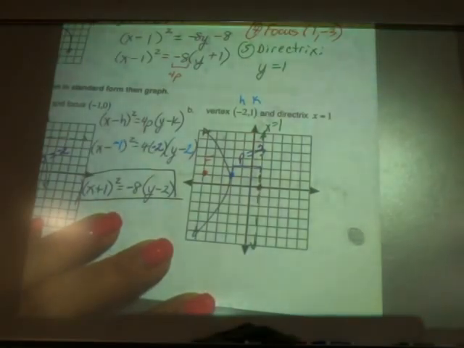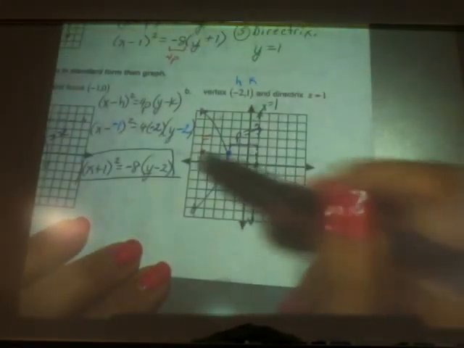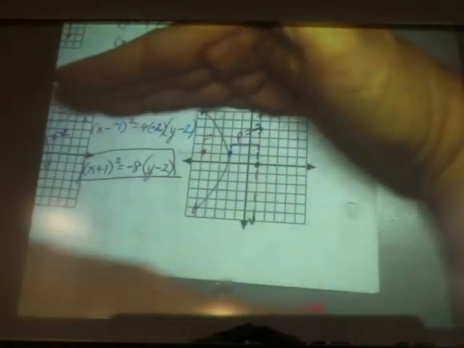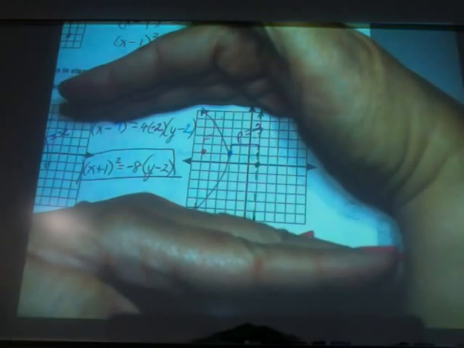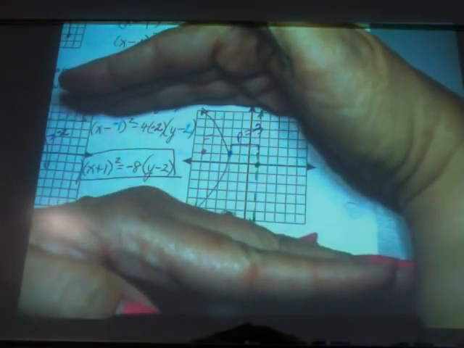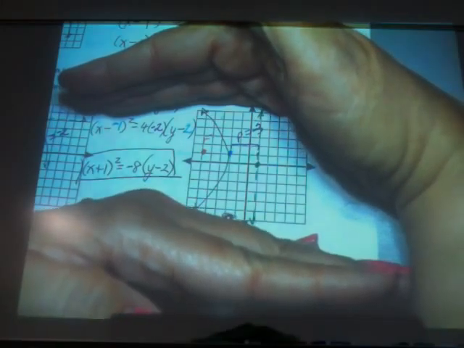So here's my general equation. I'm going to write it down here because I don't have a whole lot of room. So because I'm opening right or left, you want to put your hands this way, right? I'm opening right or left. What axis am I covering or holding my hands around? The y-axis. So doesn't that mean that your y is being squared?